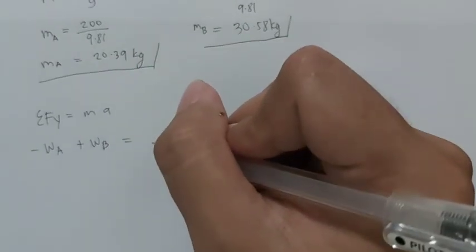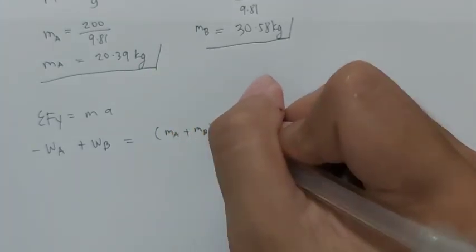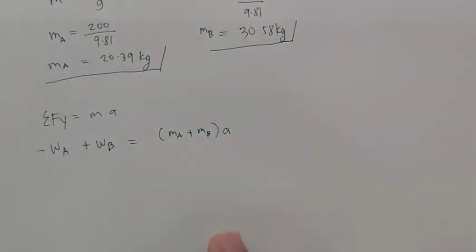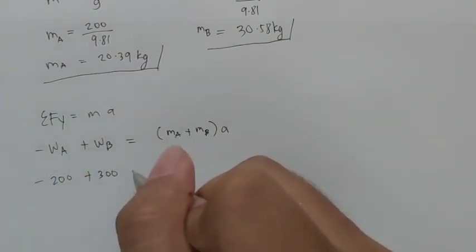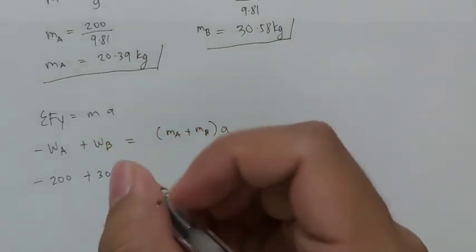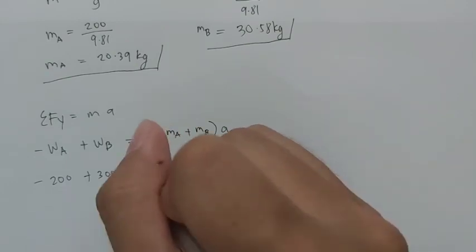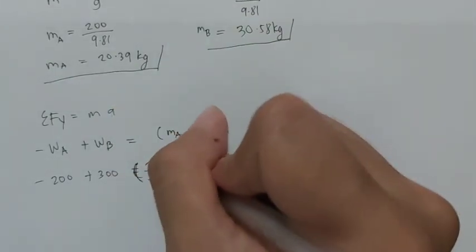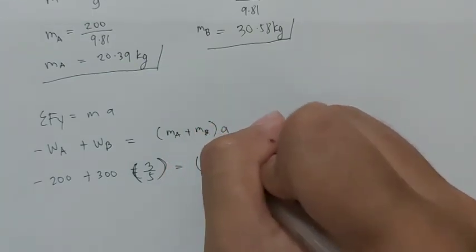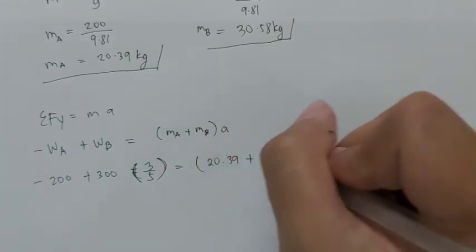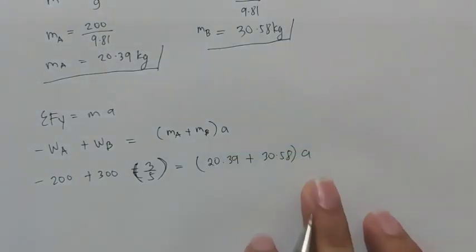So we have our mass A and B times the acceleration. So negative 200, then positive 300 for the weights, times 3/5. So yung force natin is equal to mass A, 20.39, plus mass B, 30.58, times the acceleration.